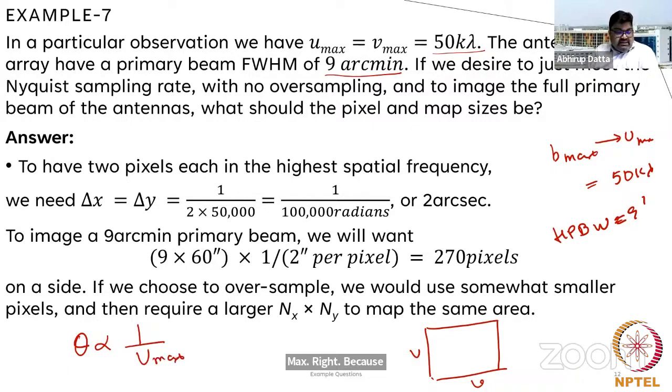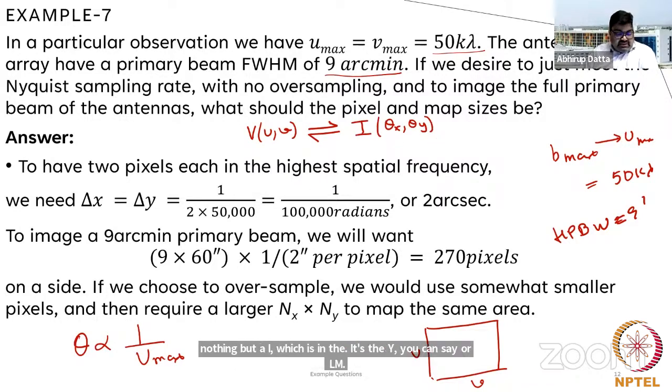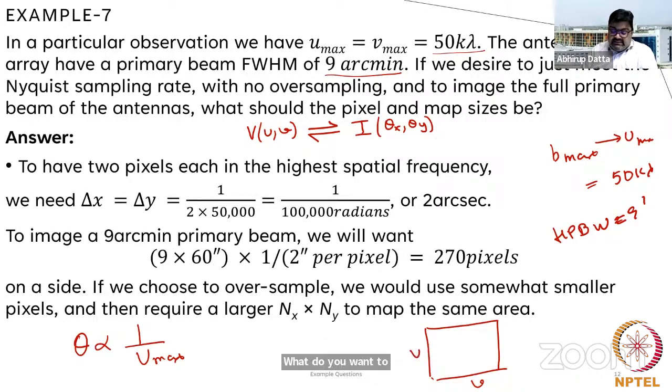Because U and theta are Fourier conjugates. Remember, V, defined by UV coordinates, is nothing but a Fourier transform of I, in theta x, theta y, or LM, whatever you want to write in angular coordinates, assuming that A is equal to 1.